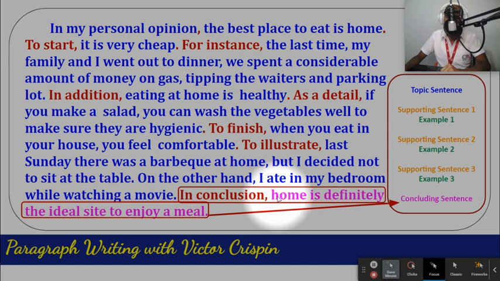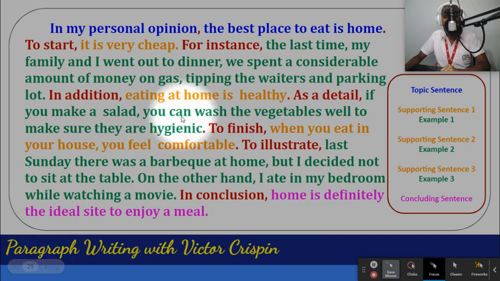Okay, so my paragraph is here, as you can see. Here we have the topic sentence in blue, the supporting sentences in orange, the examples in green, and the concluding sentence in pink.